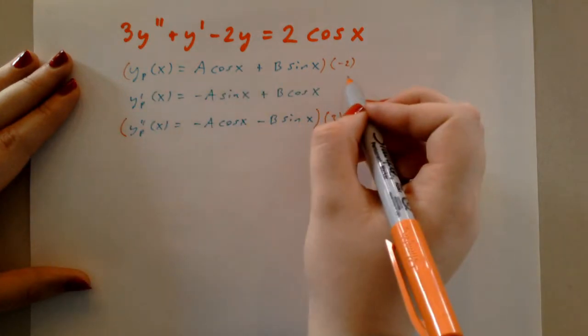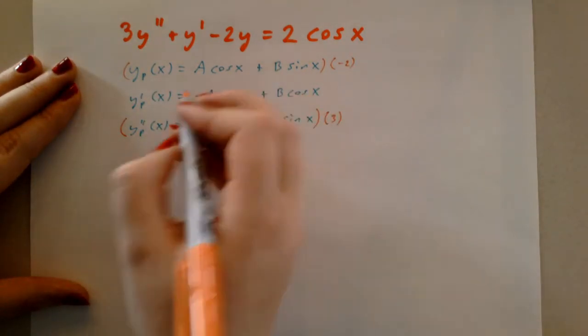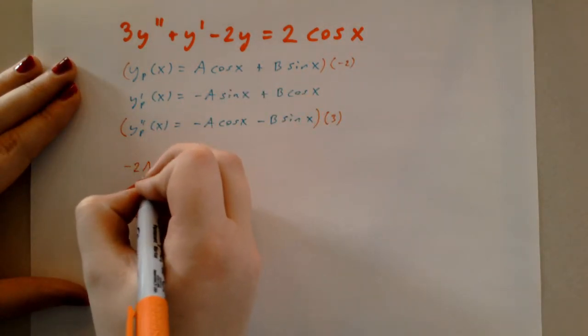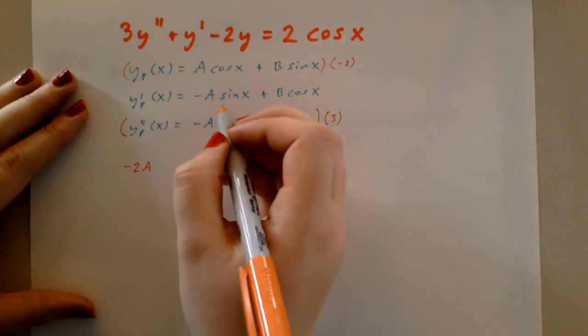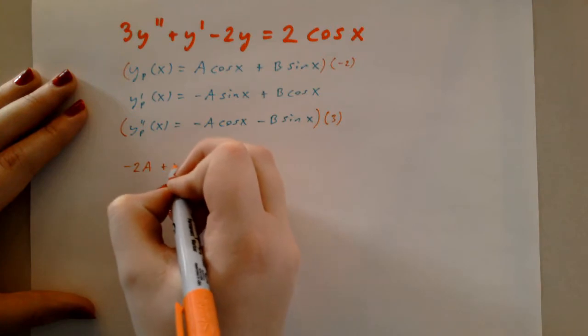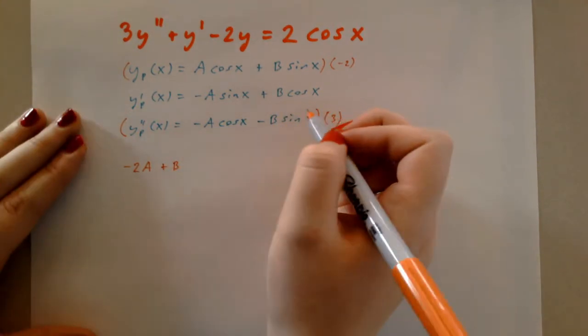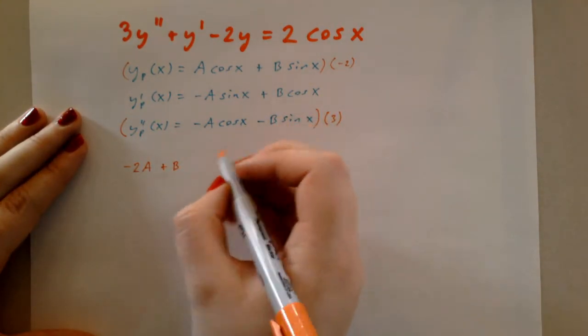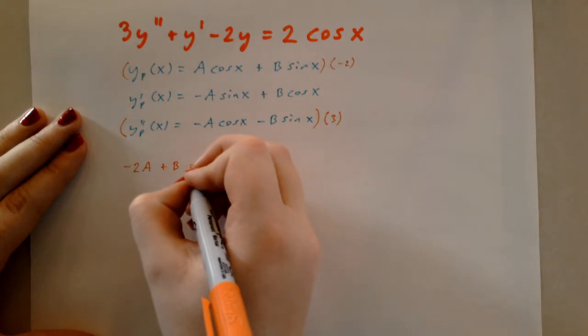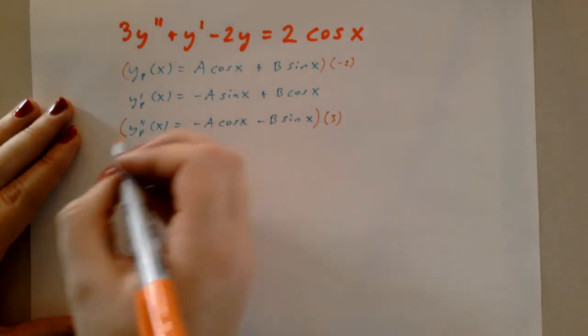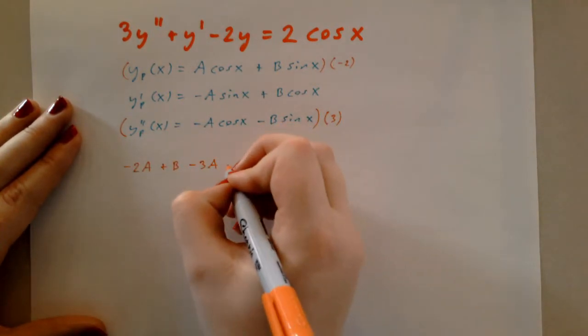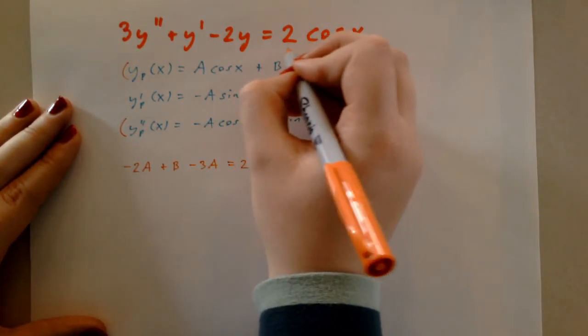From this equation, we have negative 2a attached to a cosine. From the next equation, we have b attached to a cosine. And from here, we have negative 3a attached to a cosine. Again, since all of these terms come from your cosines, this needs to be equal to 2 from right here.